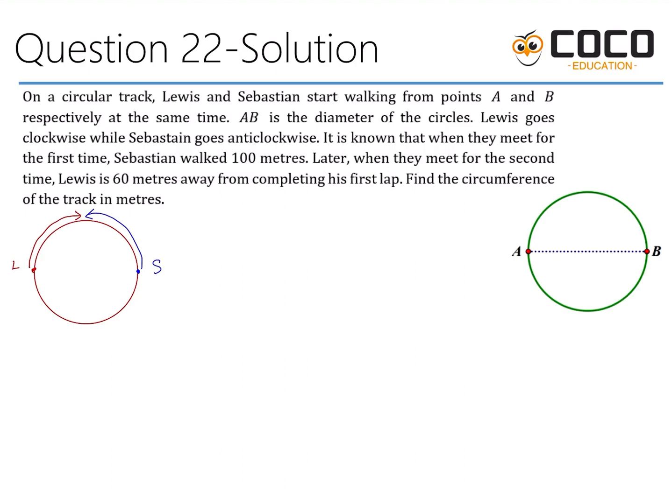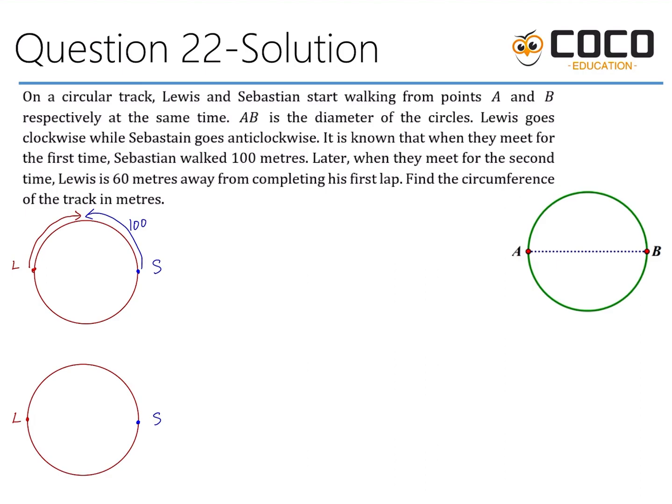And we know that when they meet for the first time, Sebastian has traveled 100 meters. Let's draw another diagram. So the starting point for Louis. This is the starting point for Sebastian.